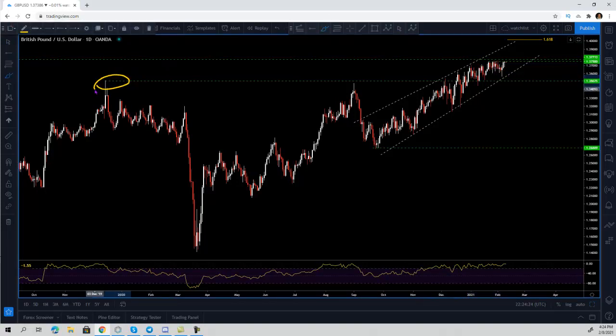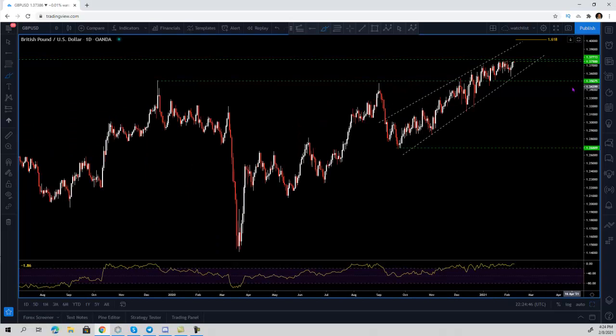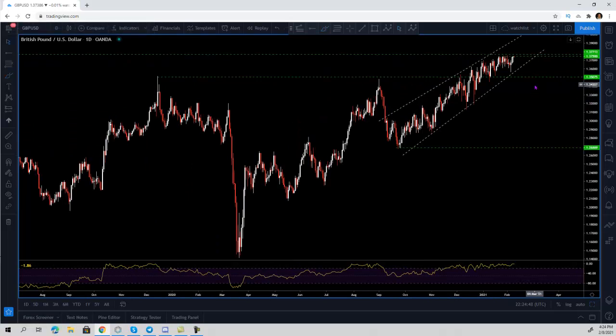This level is quite important because of how strong sellers were positioned here, and once price moves up, this is the level where buyers are positioned. You can see it here, here, and here. Every time sellers push price down to the 135 level, boom, buyers jump in, and again.